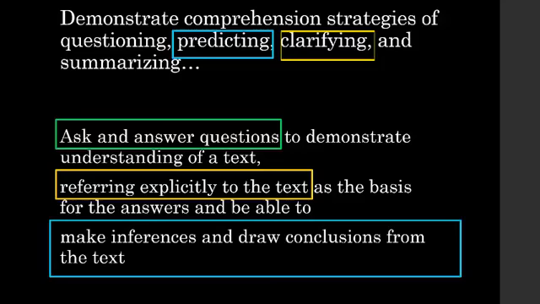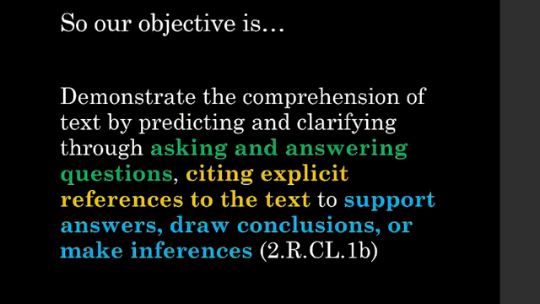And then also our example, and I've color-coded these specifically so you know what part of the sub-statement gets at the umbrella statement. When we're referring explicitly to the text, we are clarifying our responses, we are clarifying our answers, we are making clear connections between our inferences and where we came up with that evidence in the text. Okay? All right, so let's move on again.